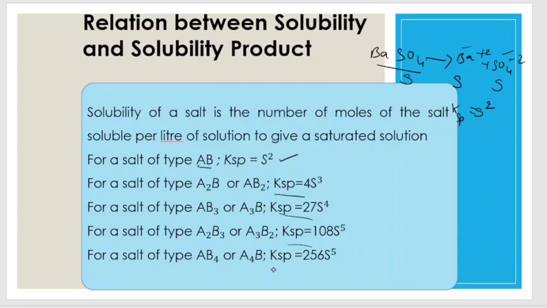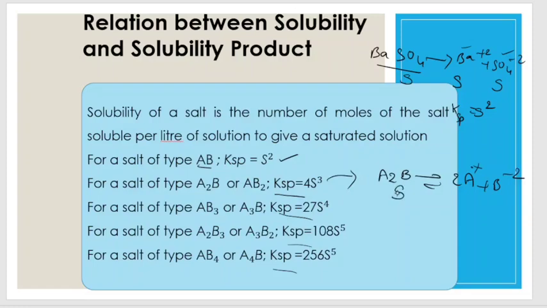Let us consider one more case. Suppose A2B dissociates into 2A+ and B 2-. As it is an electrolyte, there are two A+ ions and one B 2- ion in the solution of that A2B, which is a sparingly soluble salt.